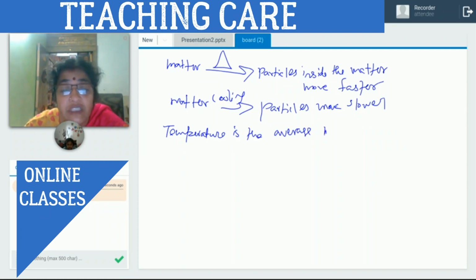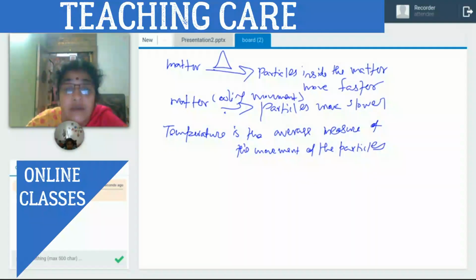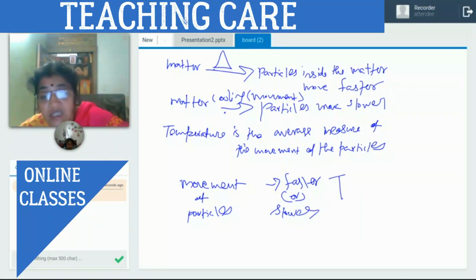So far, what you have understood is that when you heat or cool a matter, there will be movement of particles, which may be faster or slower. To measure this, we are using a unit called temperature.